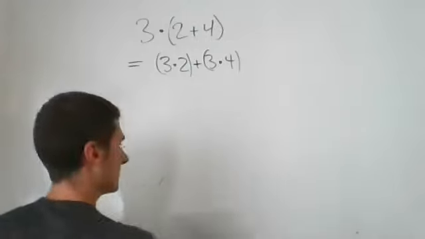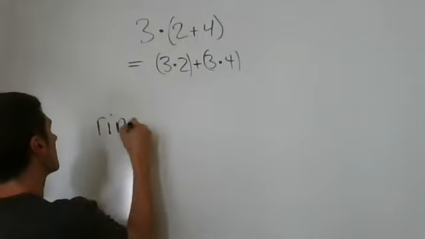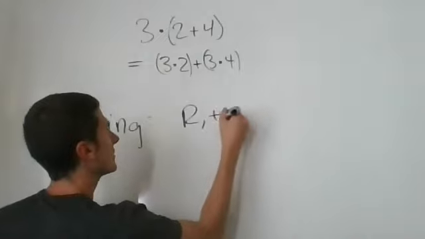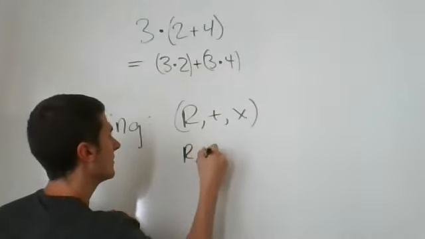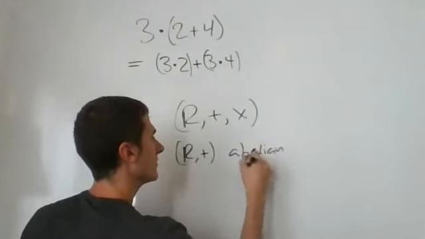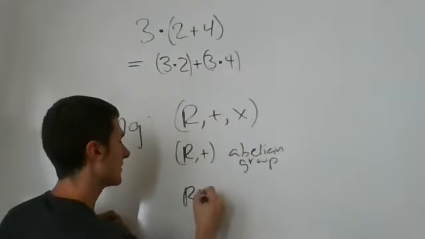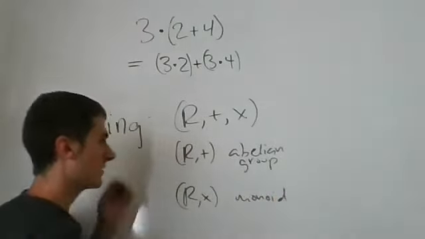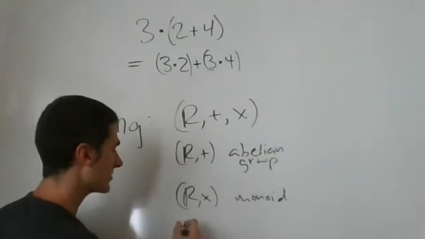So a ring is some set R, plus, times, such that R plus is an abelian group, which means just what I said, and then R times is a monoid, such that the multiplication distributes over the addition.